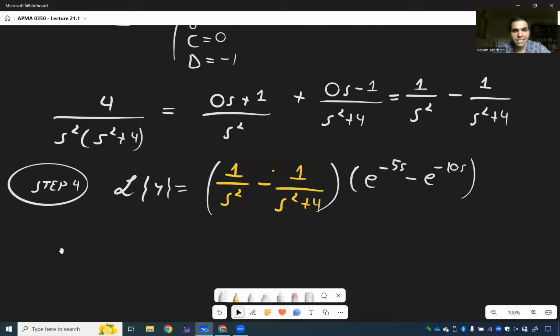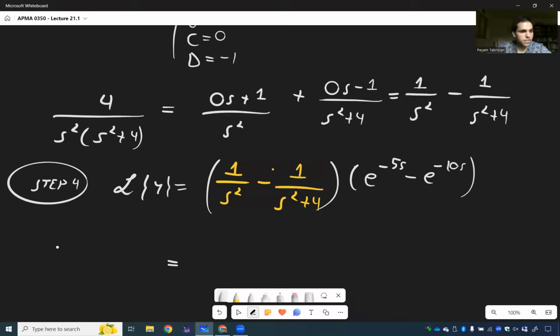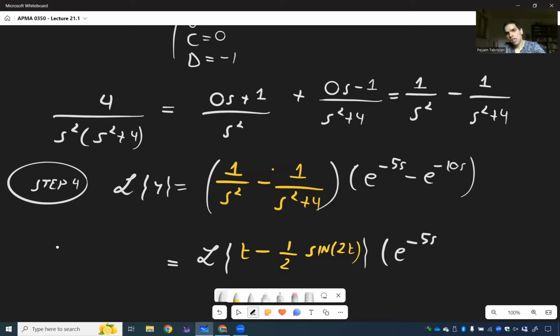Now that you can recognize as a Laplace transform, so this becomes L of t, using the reverse power rule. Now, 1 over s squared plus 4 smells like sine of 2t, but sine of 2t would be 2 over s squared plus 4. So we have to do 1/2 sine of 2t, and then times e to the minus 5s minus e to the minus 10s.